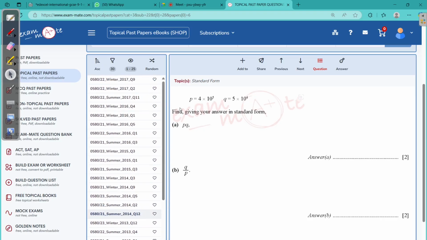Okay, please see this question. You have the P, you have the Q. Find PQ in the standard form and Q upon P in the standard form. P is equal to this, so I have to multiply. Okay.